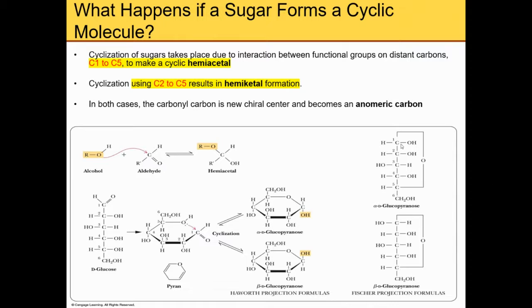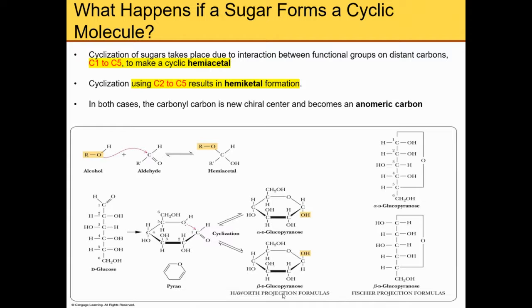So that's how they react, okay? C1, C5 hemiacetal. And then when they form this cyclic form, this is pyranose, okay?